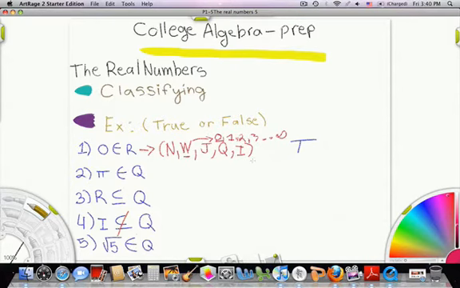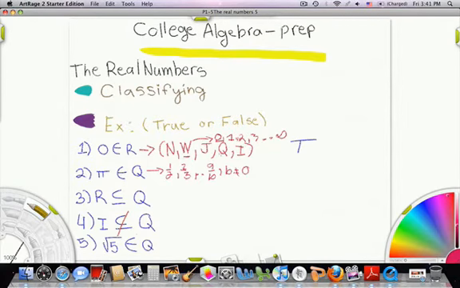Let's move on to the next problem, which says pi is in the member set of Q, which is rational numbers. So first of all, let's look at Q. What are rational numbers? Rational numbers are numbers like 1/2, 2/3, and eventually take the form of A over B, where B is not equal to 0.